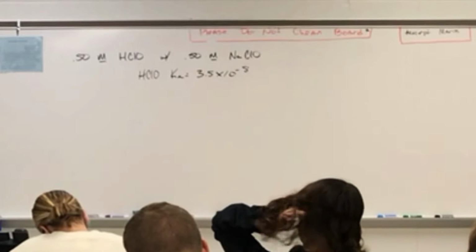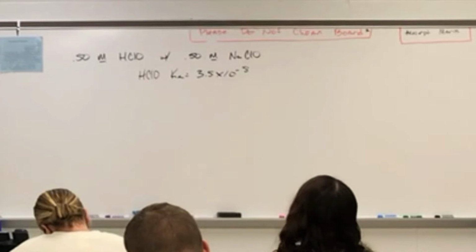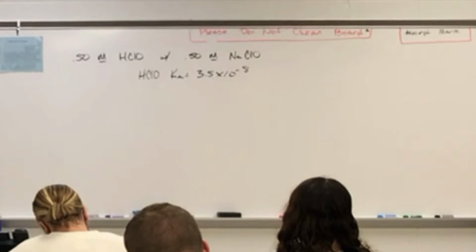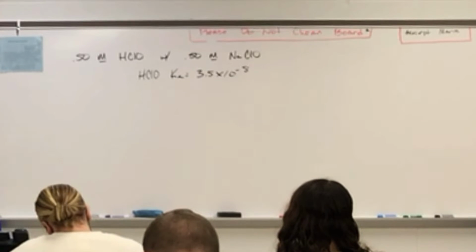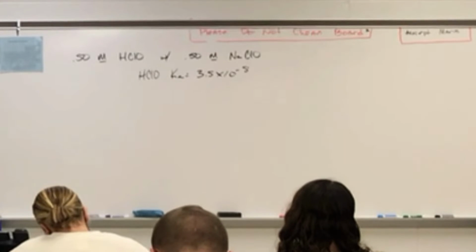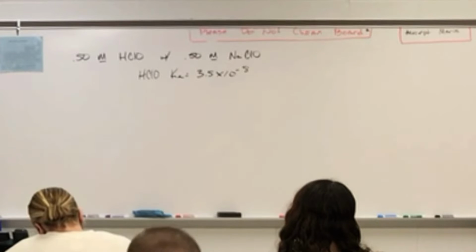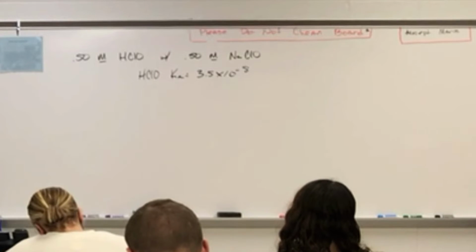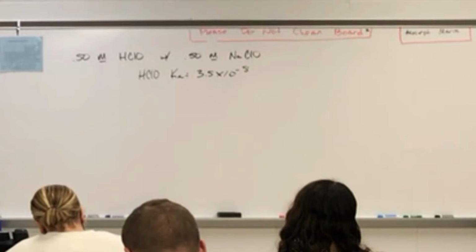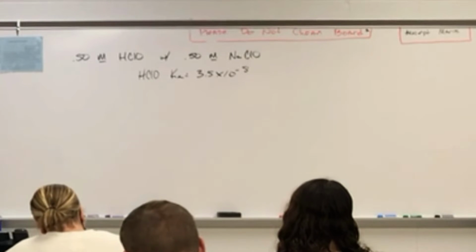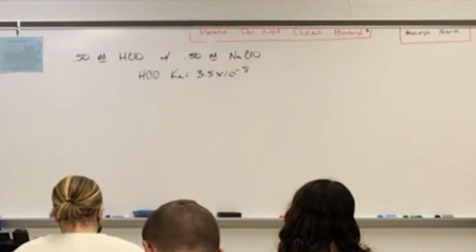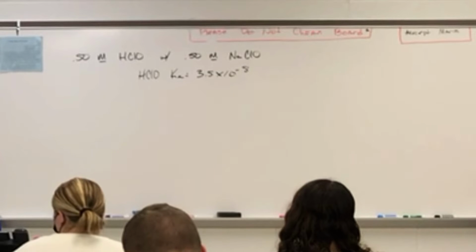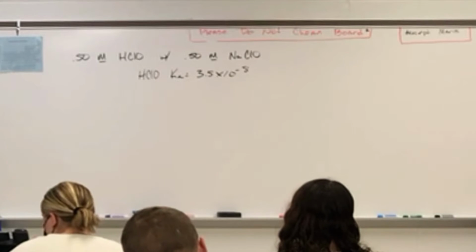All right, determine the pH of that solution. The pH is going to be 7.455. 7.46, Austin.